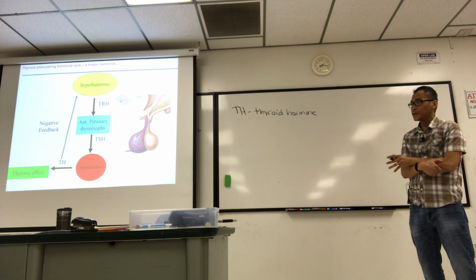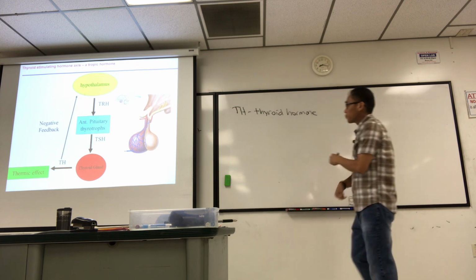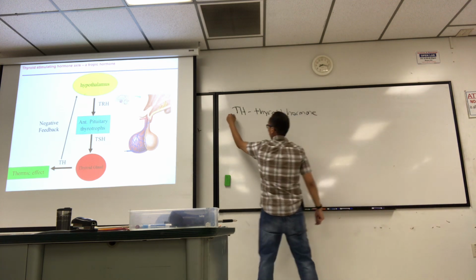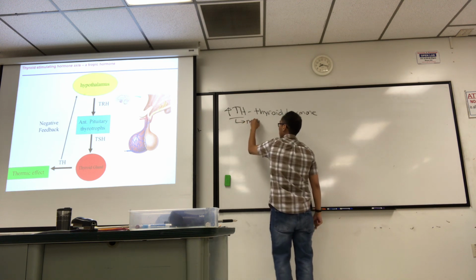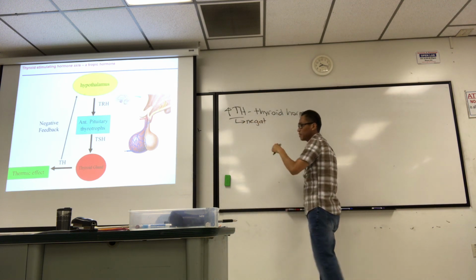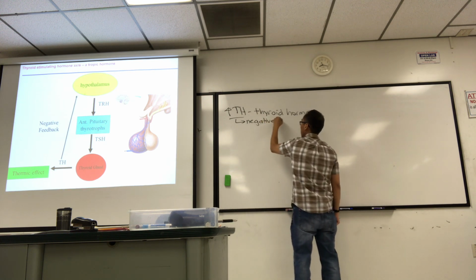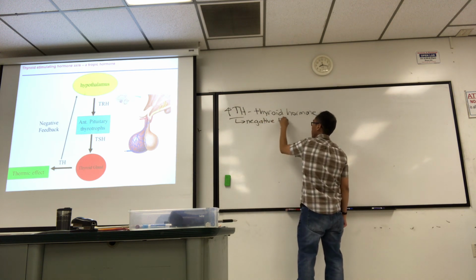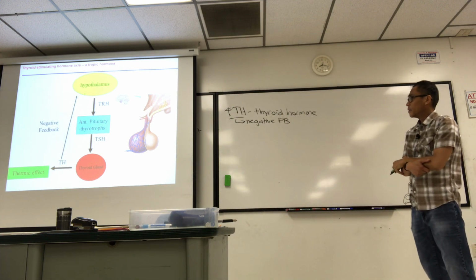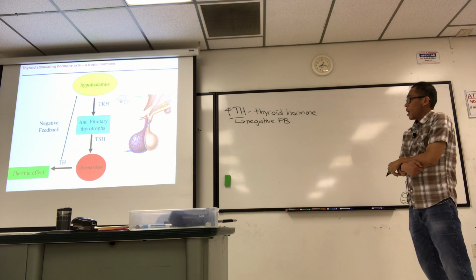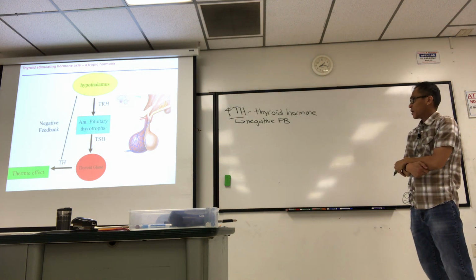For now, I'll just mention that when thyroid hormones elevate, I'm writing the negative feedback to turn it off. So when you have enough, you just turn off the original stimulus so you don't get too much.